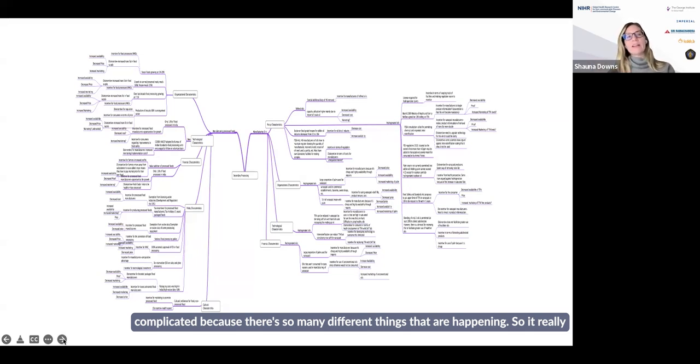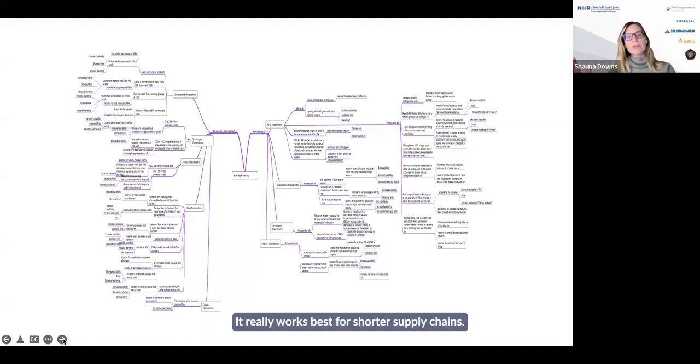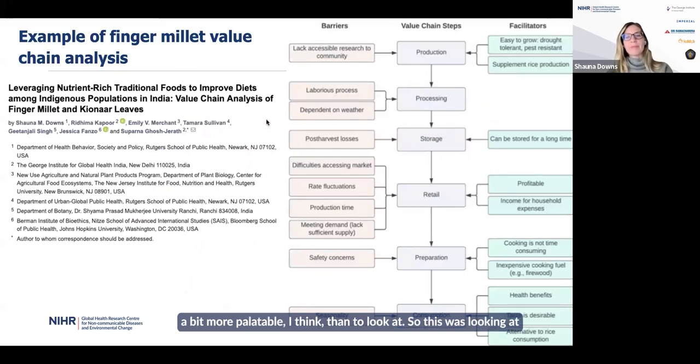So in my view, using food supply chain analysis, whether it be consumption oriented food supply chain analysis, value chain analysis, the SCAN from Gain, it really works best for shorter supply chains and makes it much more feasible as well. So this is an example of a shorter supply chain and one that is a bit more palatable, I think, to look at.